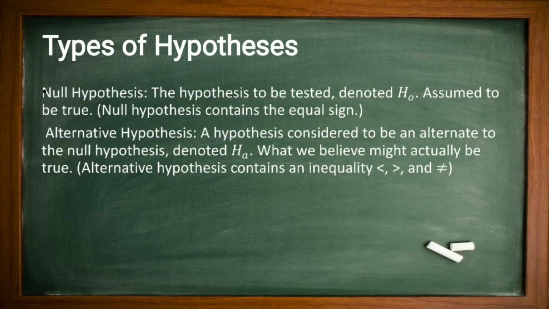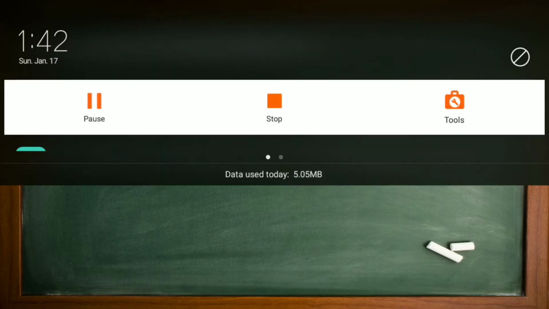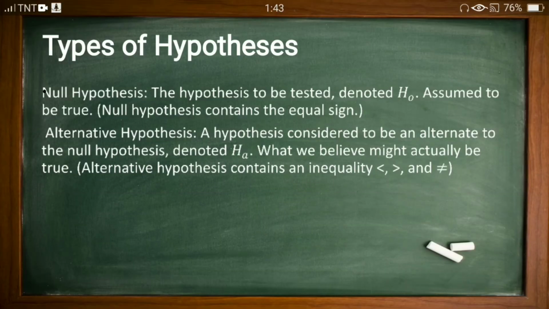Based on the available evidence, the judge or jury will make one of two possible decisions. Number one, the person is not guilty. Number two, the person is guilty.